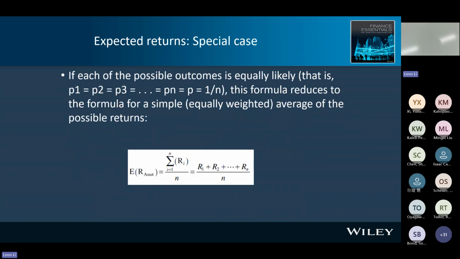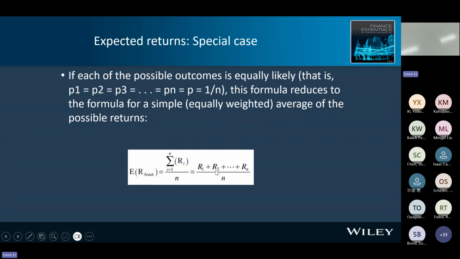So a special case of expected return. So this is our special case. Each of the possible outcomes is equal. That means P1 is equal to P2, equal to P3, equal to P, and it's 1 over n. The formula will reduce to a simple average, or equally weighted average, of the possible returns.